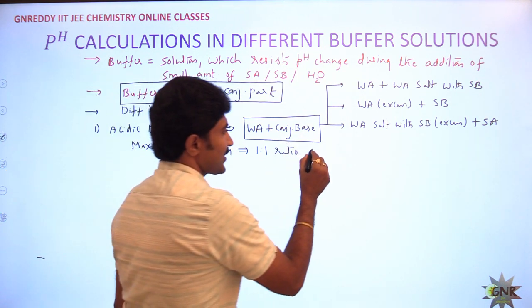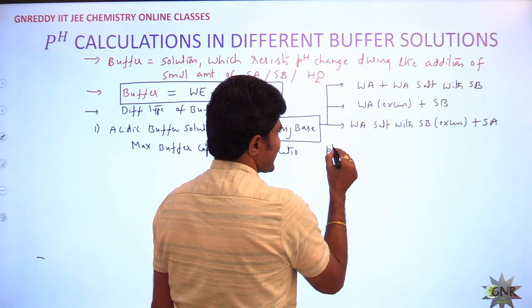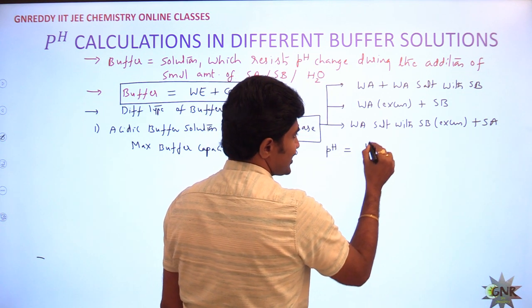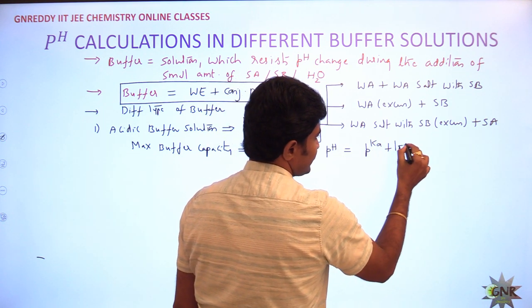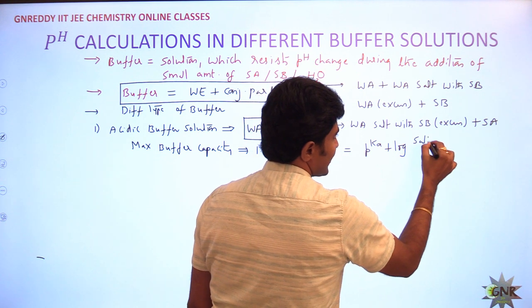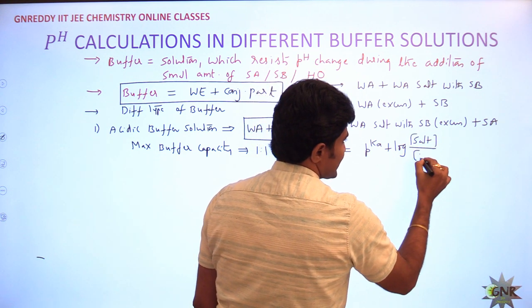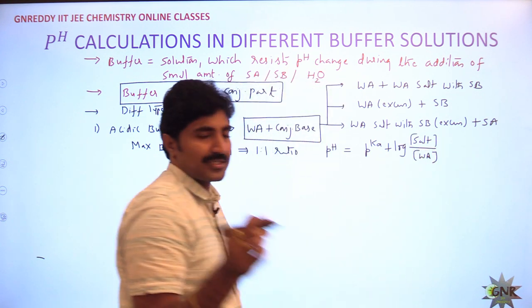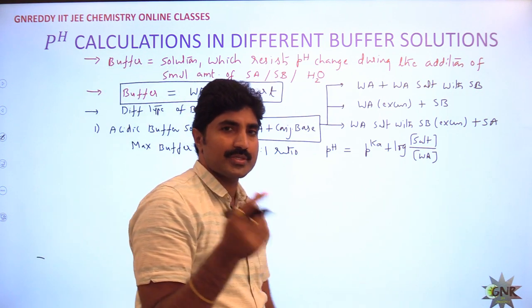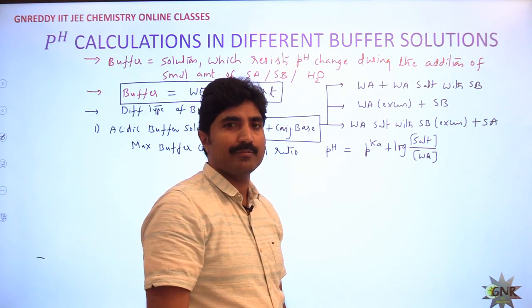How is this pH calculated? This pH is calculated by Henderson's equation, that is pKa plus log of salt concentration by weak acid concentration. But in numericals, it is better to use equivalents to avoid ambiguity.